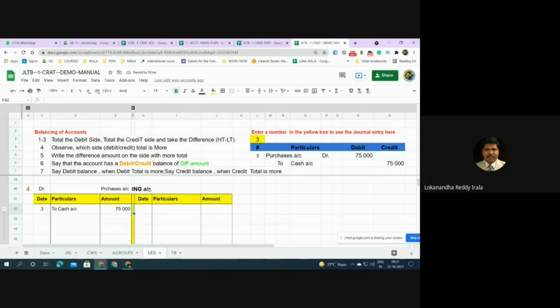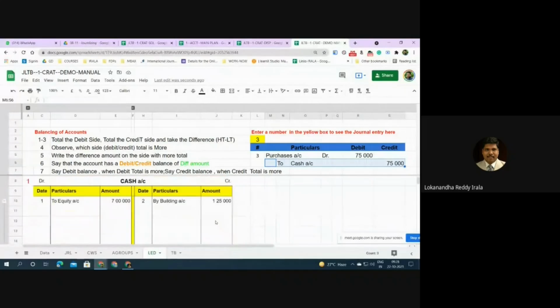Then go back to cash account, and in cash account I should write it on the credit side. This is the third date, by purchases. How much? 75,000.